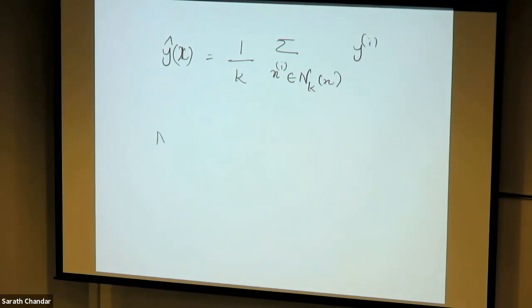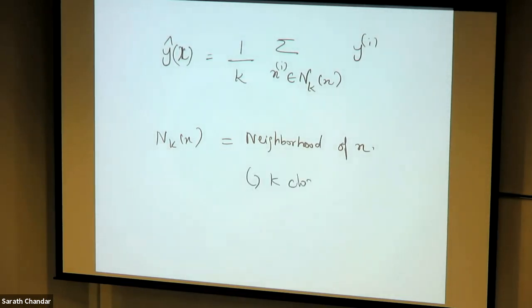My prediction y hat of x is going to be 1 over k times the summation of y_i over x_i belonging to N_k(x), where N_k(x) is the neighborhood of x. Normally we define neighbors by the k closest points x_i in the training data.